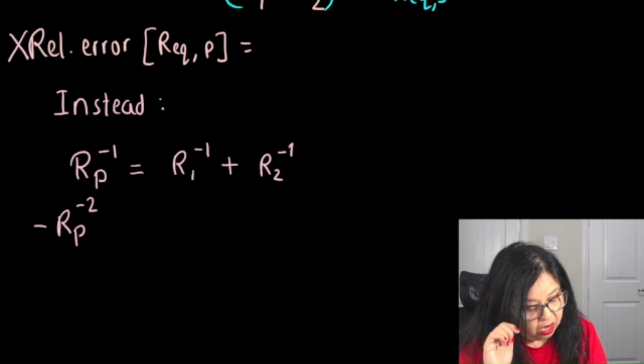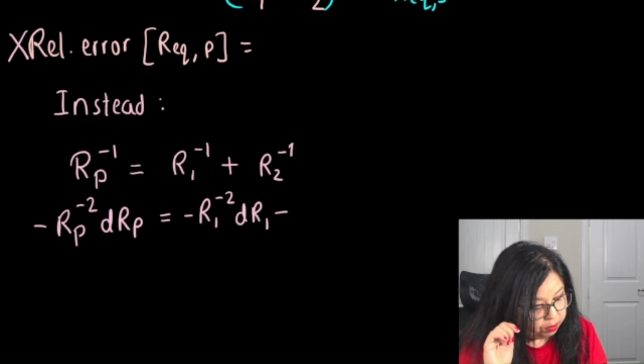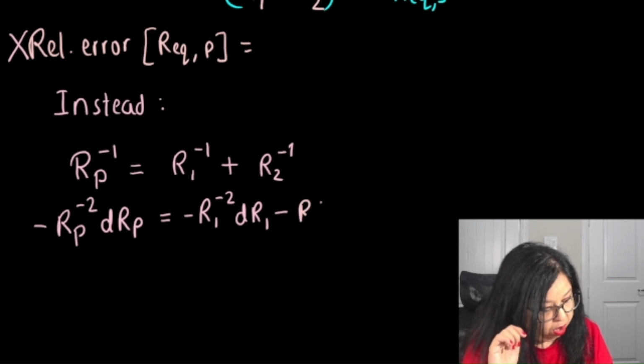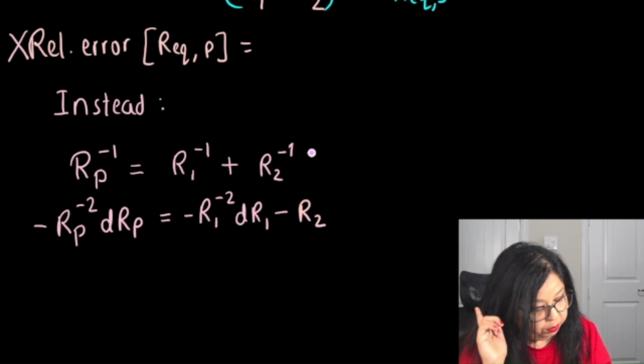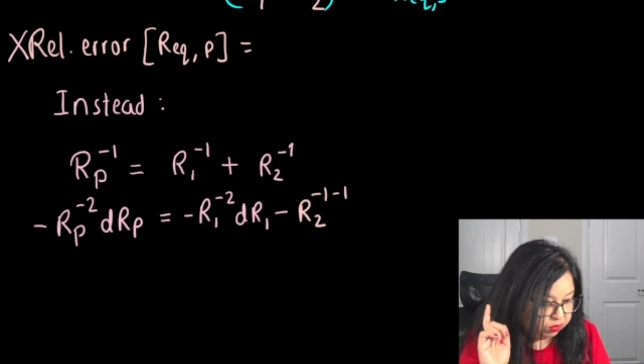You get minus 2 at the top, dRp. Then on the right hand side, you get minus R1 to the power minus 2 dR1 minus, which minus sign? This one here is coming from there. R2, okay, let me show you how we get this minus 2. This minus 1, minus 1.